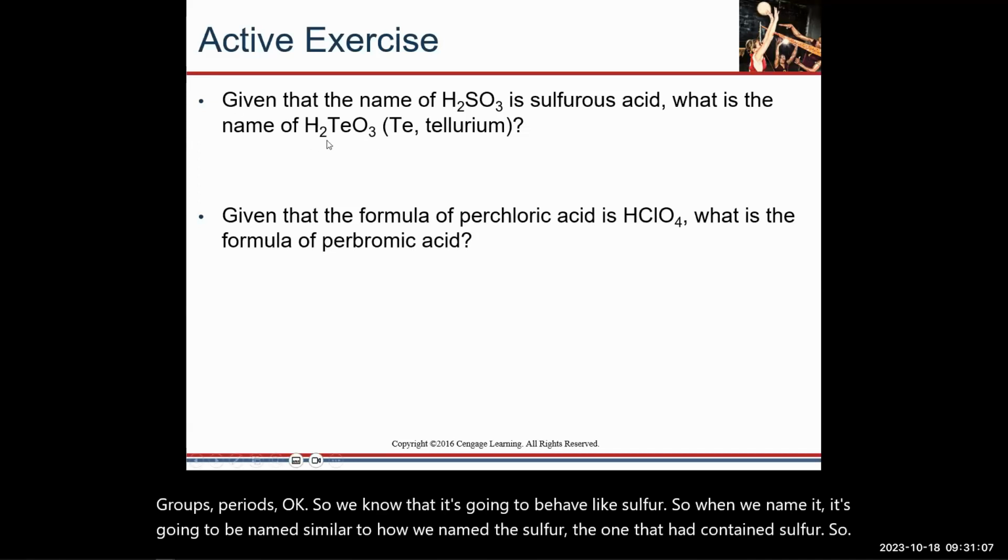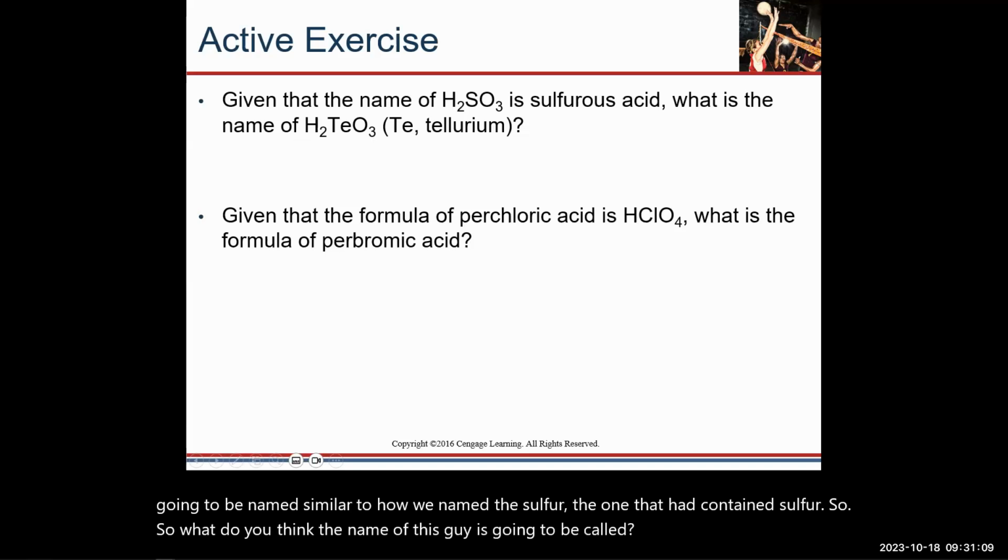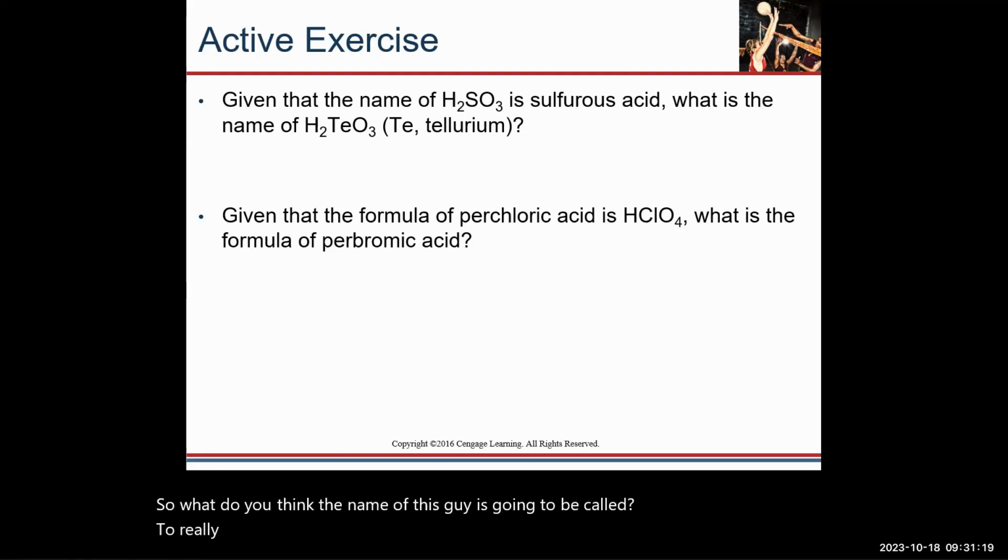So what do you think the name of this guy is going to be called? Would it be tellurium acid? Look what we did with the sulfur.